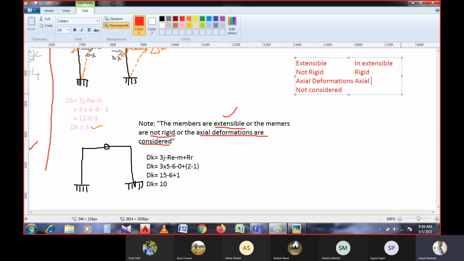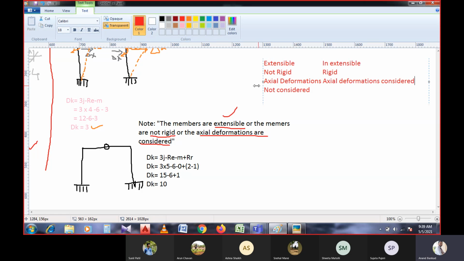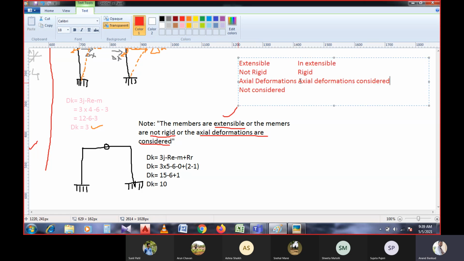Axial deformations considered. These are the words, right?